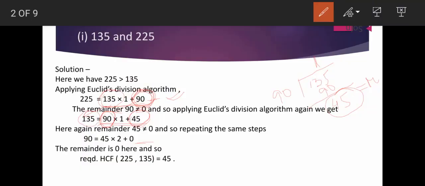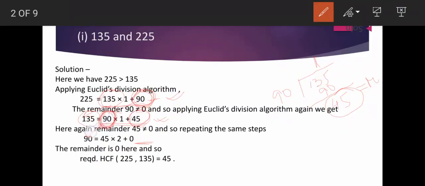Our intention is to get a step where the remainder comes as 0. Since we did not get the remainder as 0 in the second step also, we have to move on to the third step using this 90 as the dividend. In the second step, 90 was the divisor.